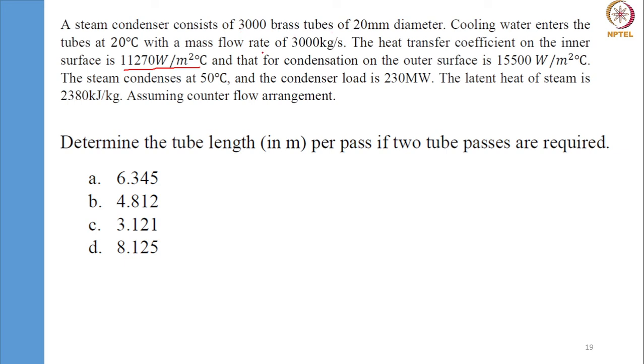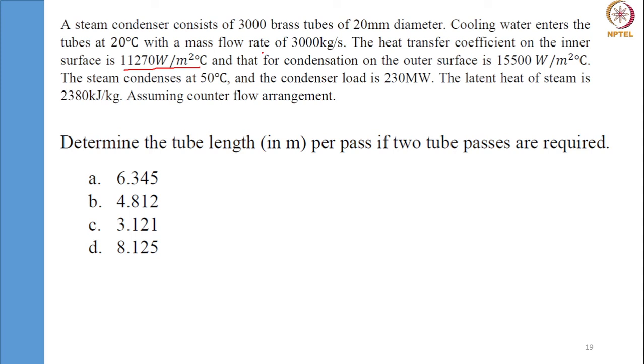We have a steam condenser which has 3000 tubes of 20 diameter each. Cooling water is entering at 20 degrees Celsius with certain mass flow rate. The heat transfer coefficients on the tube side and the shell side are given as 1500 and 15,500 watt per meter square Kelvin.